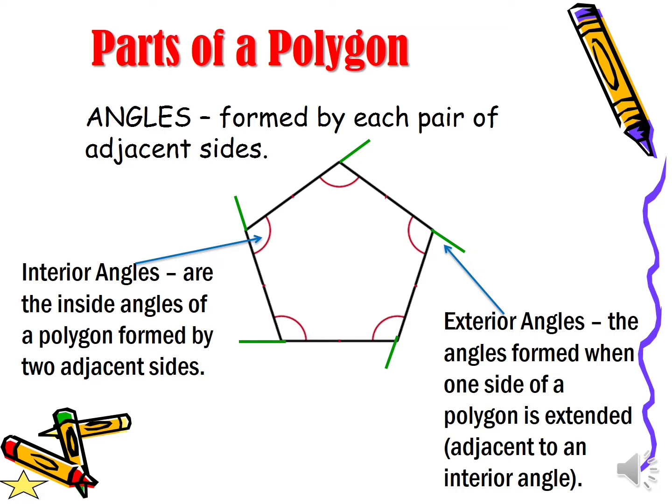Exterior angles are angles formed when one side of a polygon is extended and adjacent to an interior angle. So ang clue naman natin dito ay exterior or ex meaning exit or sa labas, or external.